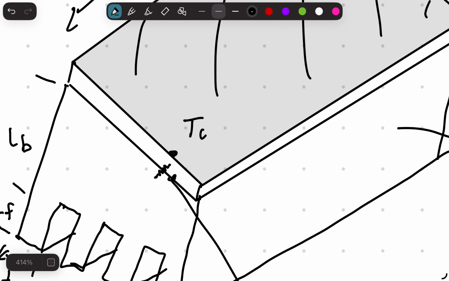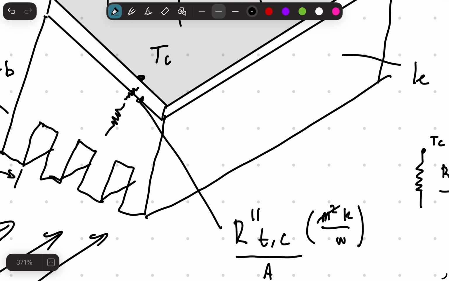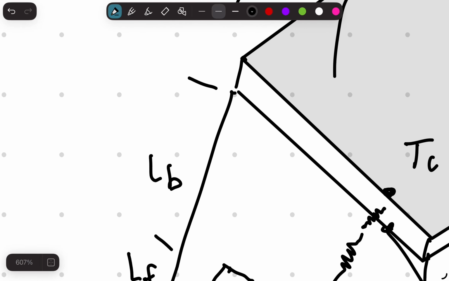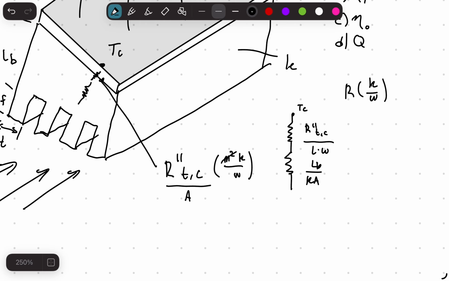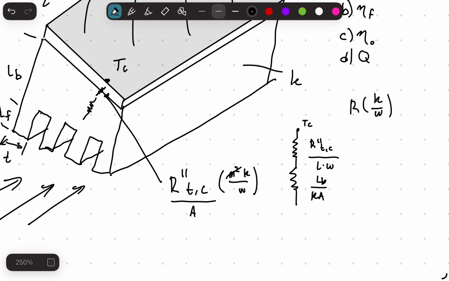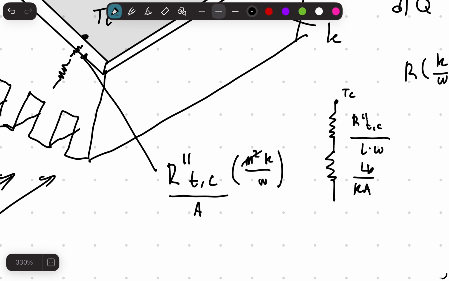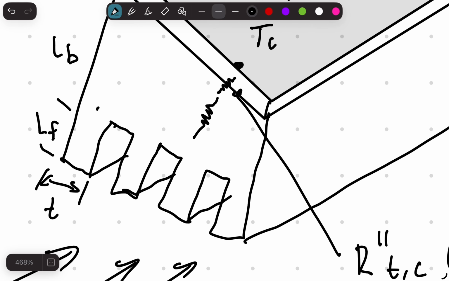So the next resistance, the heat is traveling through this solid material. So that's going to be conduction. And conduction is L over kA, and this L is the Lb, which is the length of the base. And the area is also going to be the length times the width. And the next thermal resistance is going to be traveling through each of these fins.